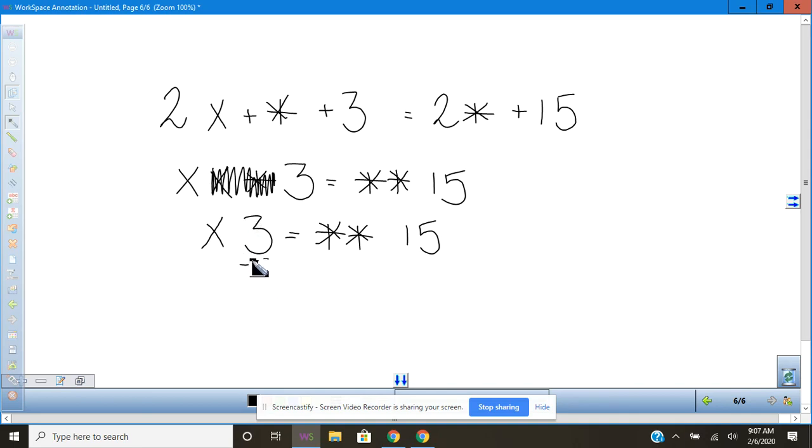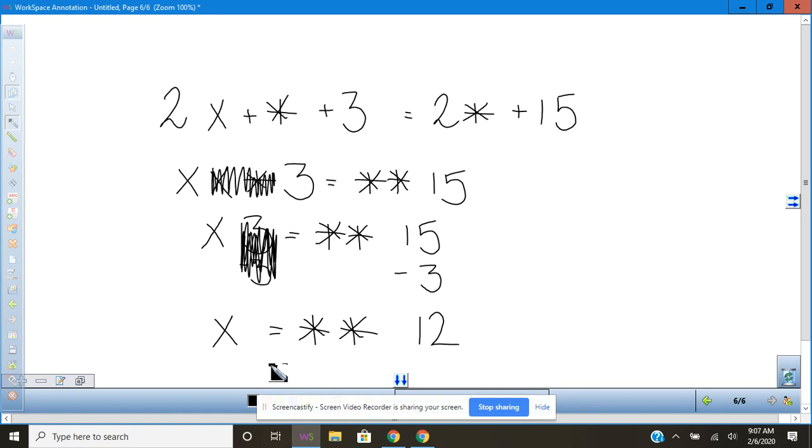So I need to get rid of this 3 on each side. If I get rid of the 3 on this side, it cancels itself out because 3 minus 3 equals 0. If I get rid of the 3 on this side, 15 minus 3 equals 12. So now what I have left is x equals 2 stars and a 12.